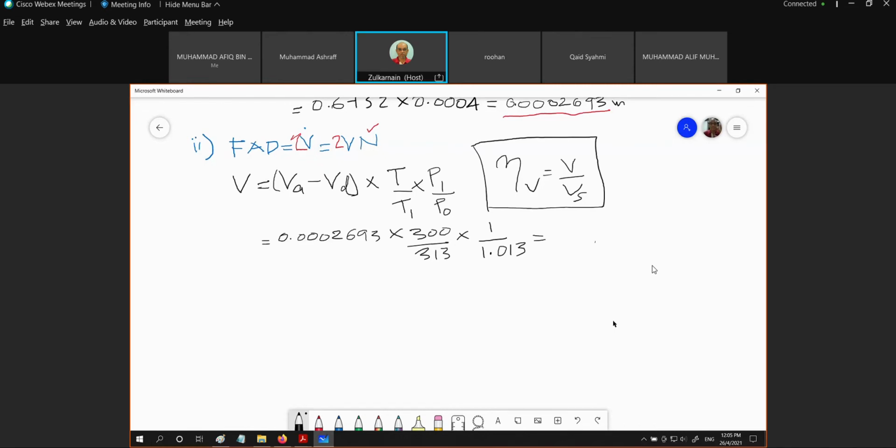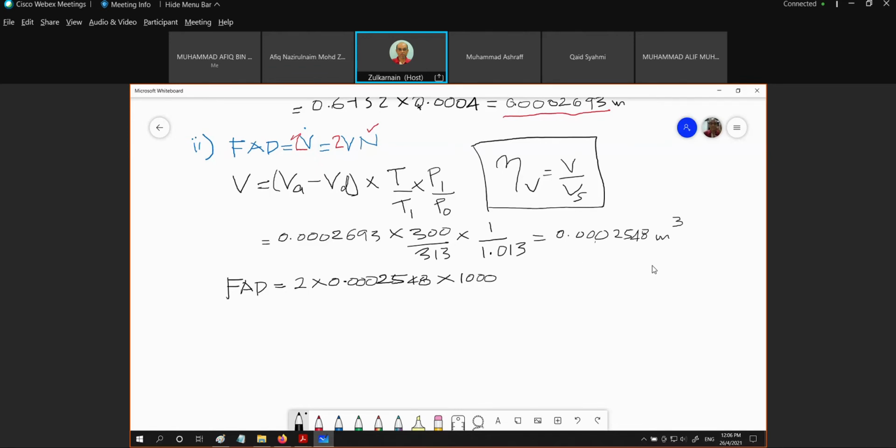Yes? What is the value? 0.0002548. Yep. Therefore, our FAD is equal to 2 multiplied by the V, which is 0.0002548, multiplied by the speed, which is 1000.